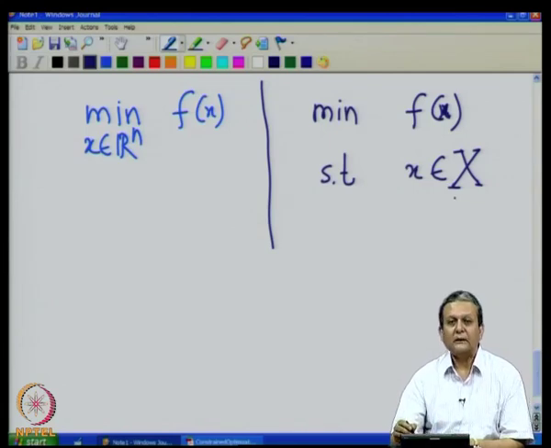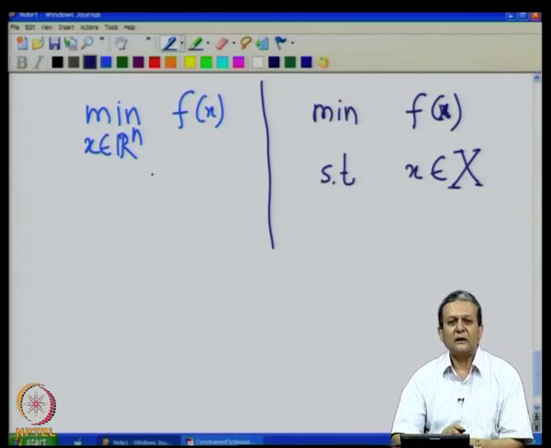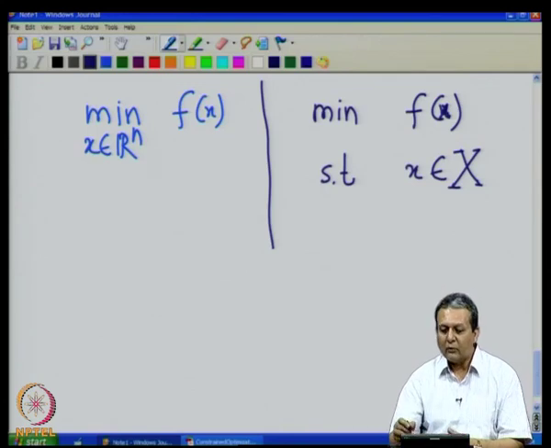That condition alone may not be enough here, because now we are working with a constraint. Can we arrive at a condition somewhat similar to the first order necessary condition for an unconstrained optimization problem, and how do we make use of this set X to write that optimality condition for a constrained problem like this? That is the part of the next few lectures.